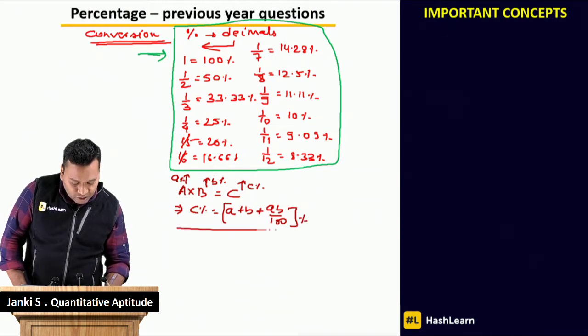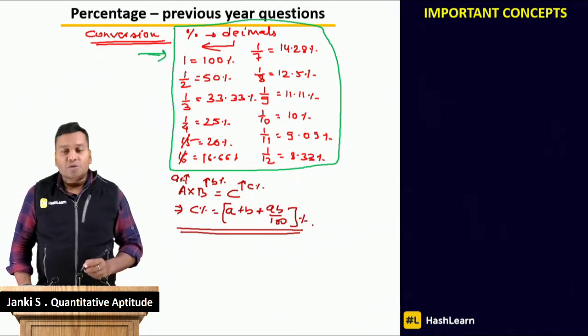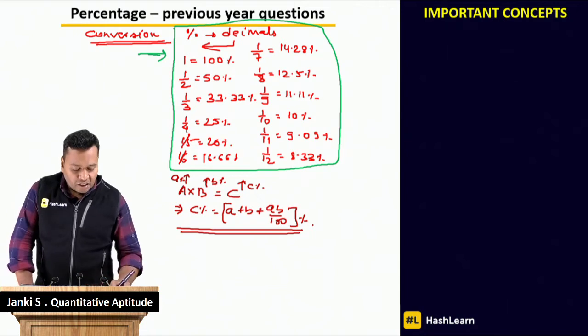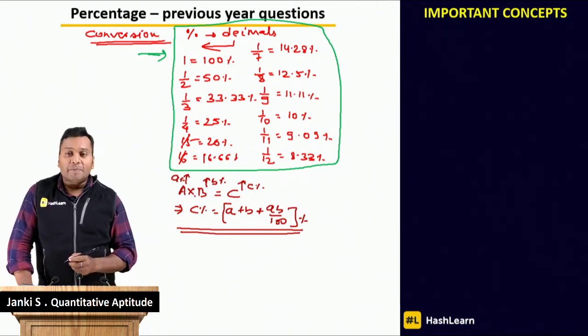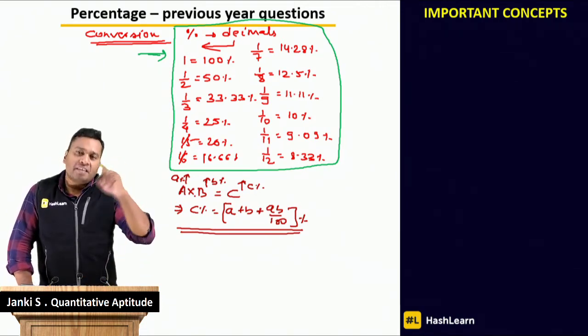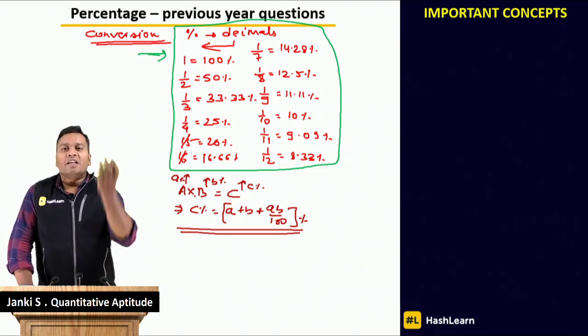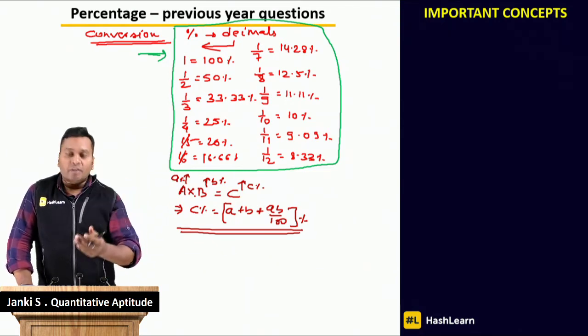The important thing to keep in mind here is that with respect to change, I'll change the sign. Suppose I have a reduction of A% in this case, so I should use minus A as the value, right? So for an increment it is plus A, for a reduction it is minus A, right?